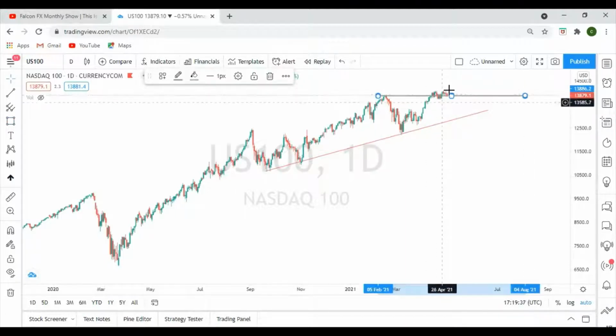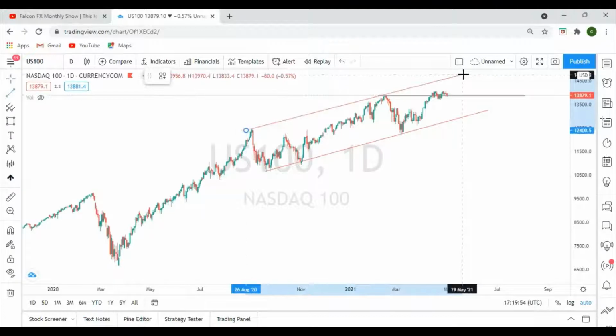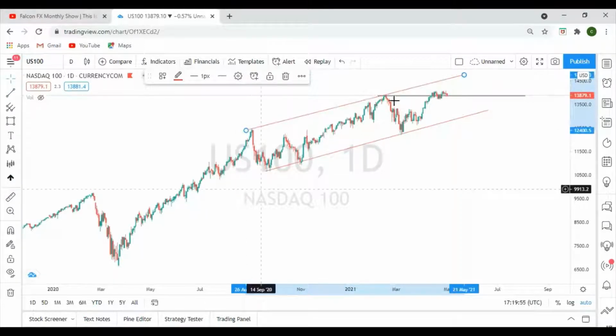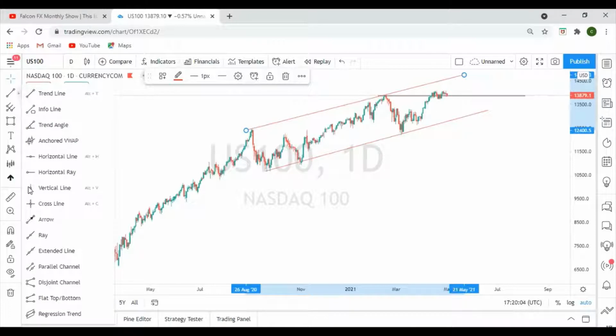I think this is a continuation pattern. So you know that we are having this lower trend line. I call it the support trend line. This trend line has been supporting somewhere around this level, and if you are a person who trades channels, that's where you can mark off your channel. We're having something like this on daily, so that's where we are resisting on this upper channel, and then we can either have something like this depending on the market structure when we move to lower time frames.